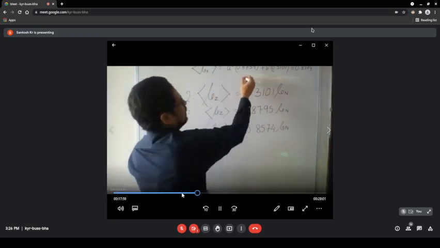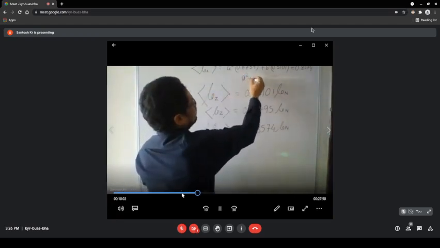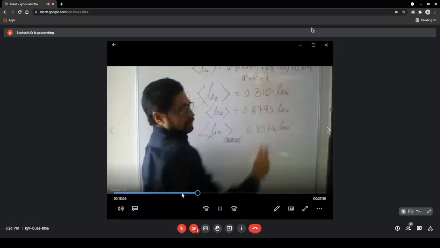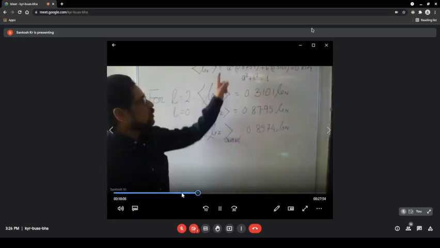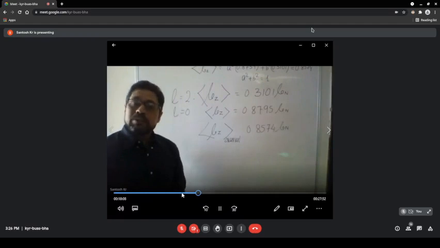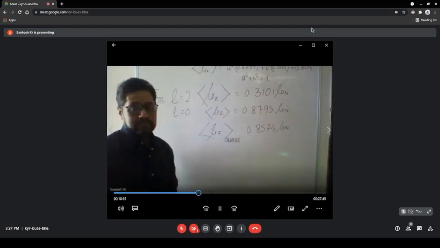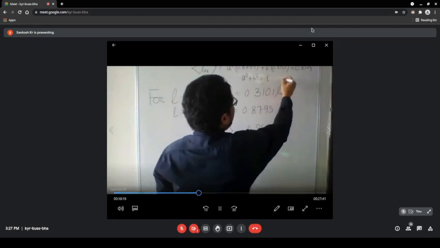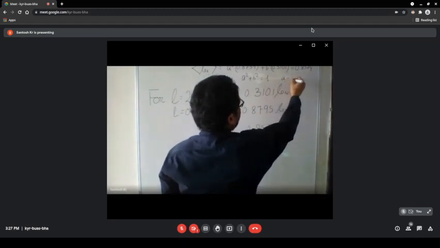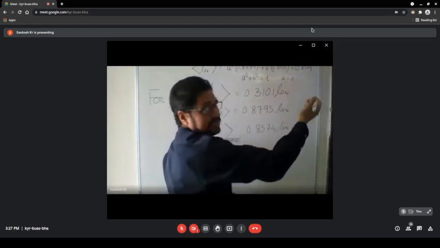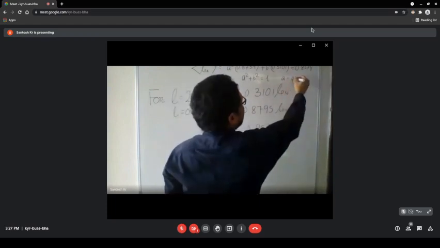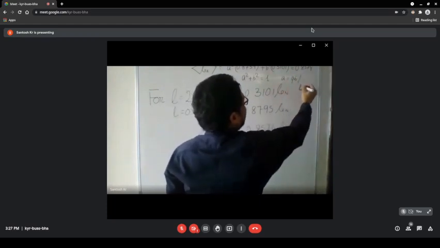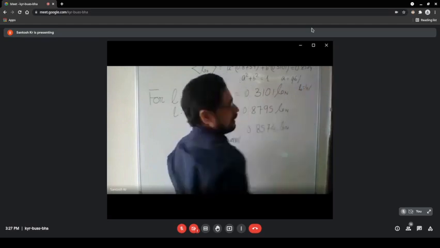Then what is the other condition? That is A square plus B square is equal to 1, the normalization. So from these two, you can calculate what is A and what is the percentage of A and what is the percentage of B. From there, you can find A is around 0.96, or you can find it is 96%, whereas B is 4%.